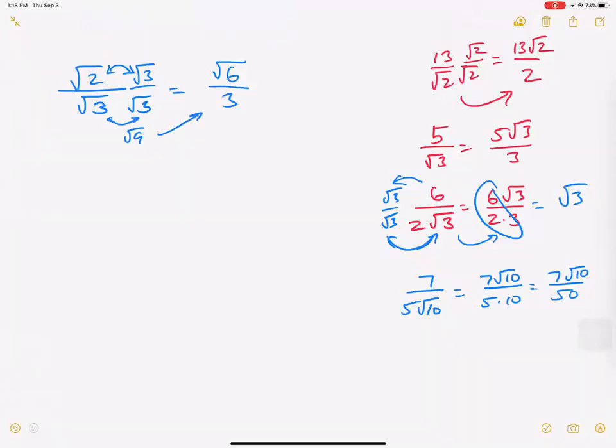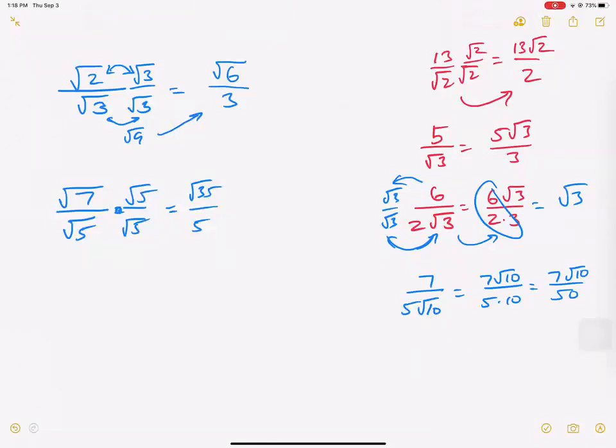Let's try one more. 7 square root of 7 over square root of 5. So let's do it the long way. Square root of 5, square root of 5. It's okay to have square roots on top. We're not allowed to have square roots on the bottom. That's why I'm only getting rid of the 5 on the bottom. And that's square root of 35.